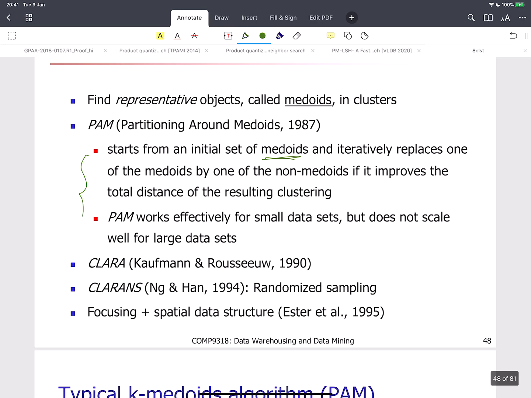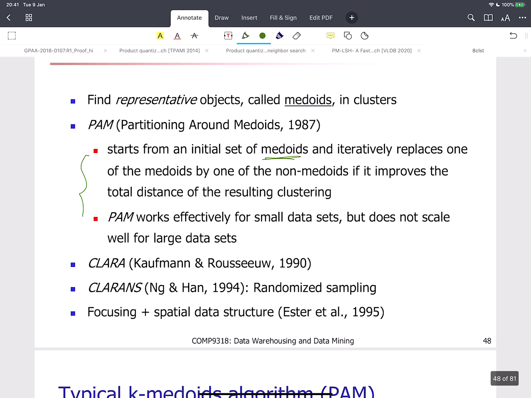In this case, it's hard to directly compute which one is the most centrally located, I mean the most representative one. Again, you have some notion of distance, and you want to minimize the cost of the resulting cluster. So they use some kind of hill climbing or local search based method, iteratively trying another proposal and seeing whether this improves the cost.